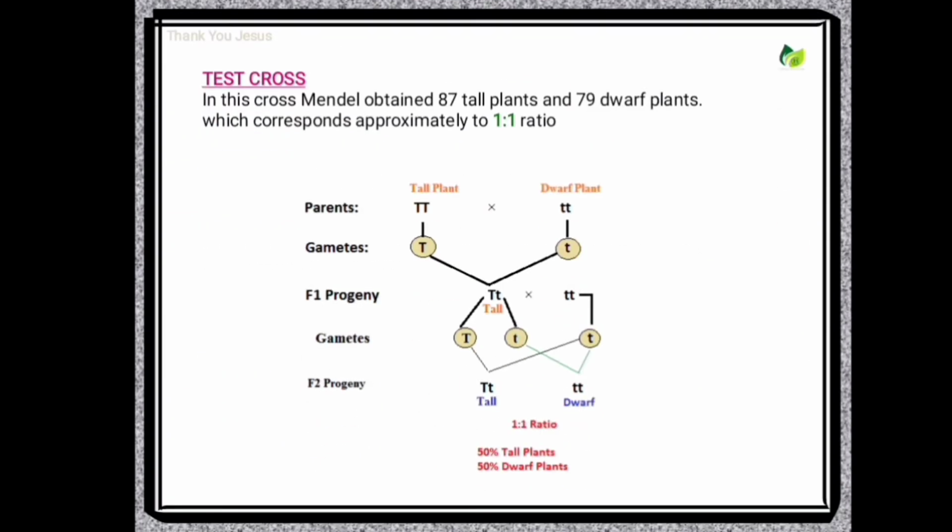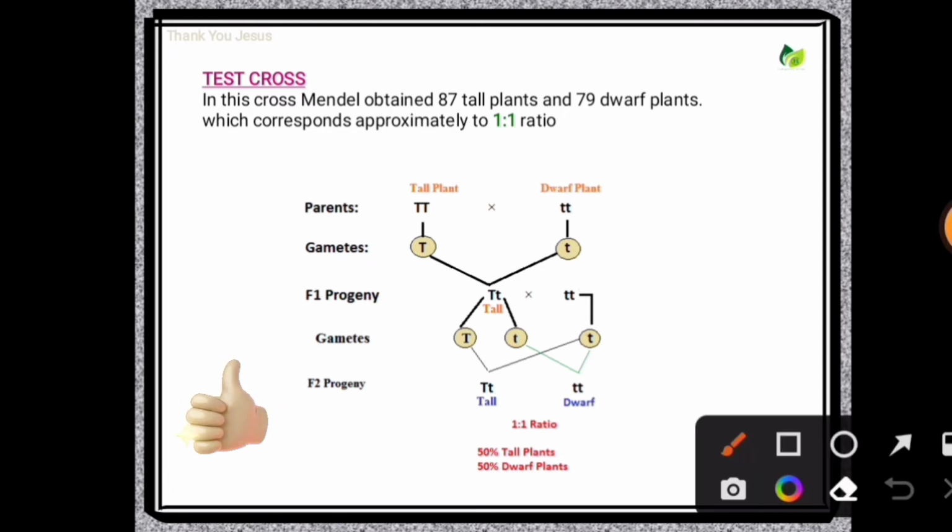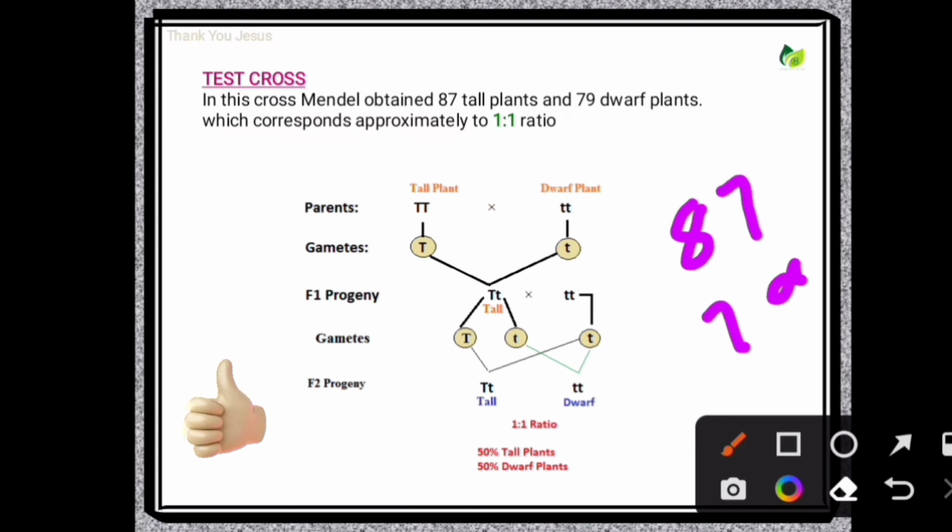In this cross, Mendel obtained 87 tall plants and 79 dwarf plants, which corresponds approximately to a 1 is to 1 ratio.